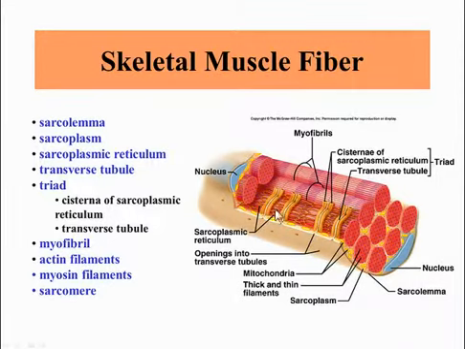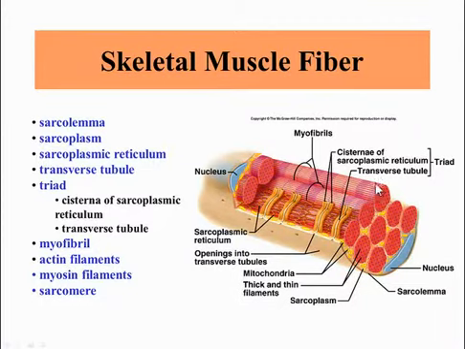So things are dumped into the sarcoplasmic reticulum and then returned to the cisterna, and then the transverse tubule. You'll see openings to the outside, the openings of the transverse tubule in that sarcolemma. And the three together, the two cisterna of the sarcoplasmic reticulum and the transverse tubule, make up the triad.